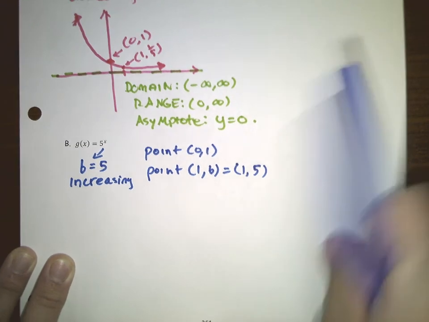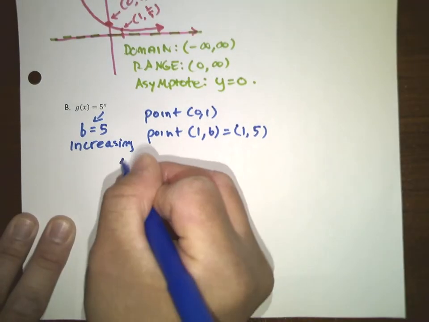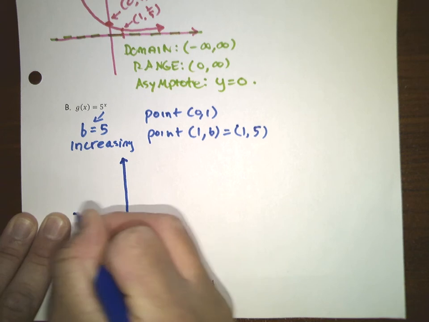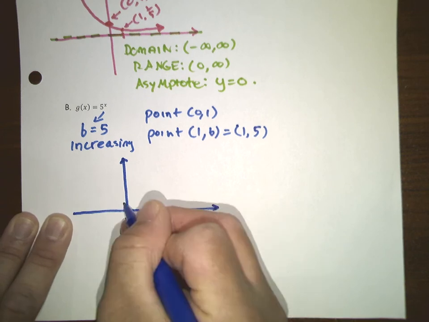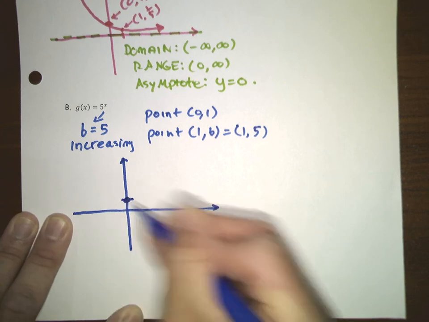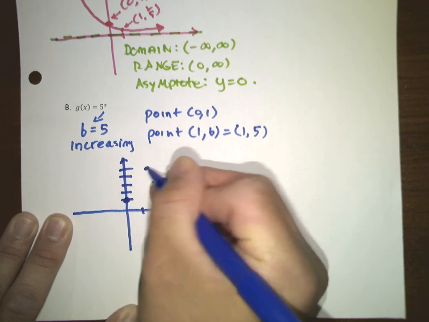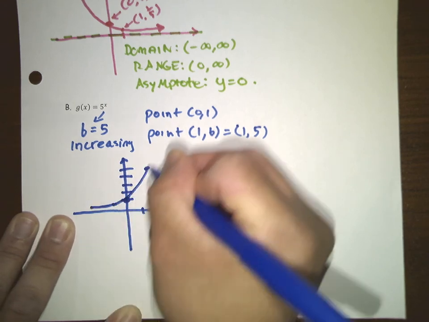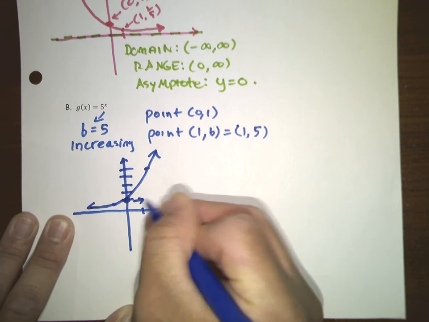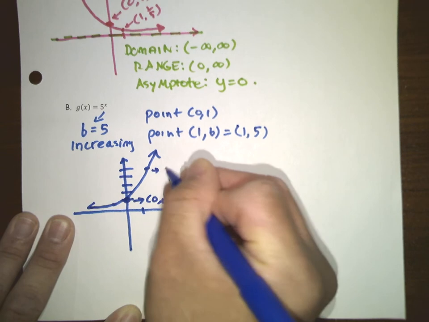All right, so now all I need to do is use that to sketch the graph. So there's a point at 0, 1, and at 1, 5, and it's increasing. So it looks like this. So here's 0, 1, here is 1, 5.